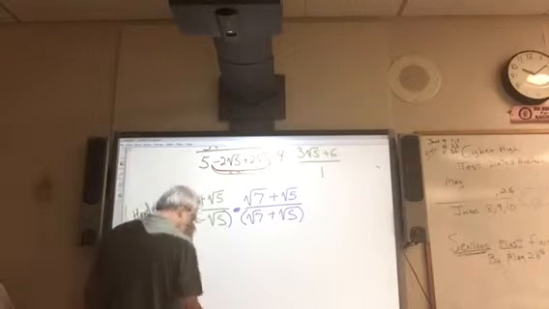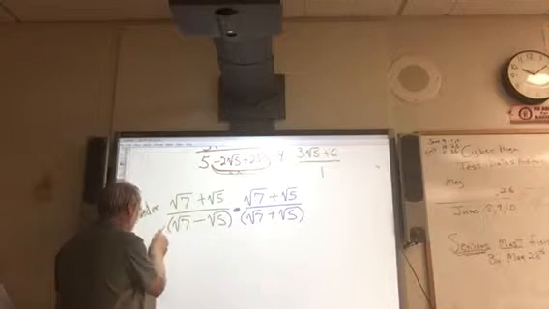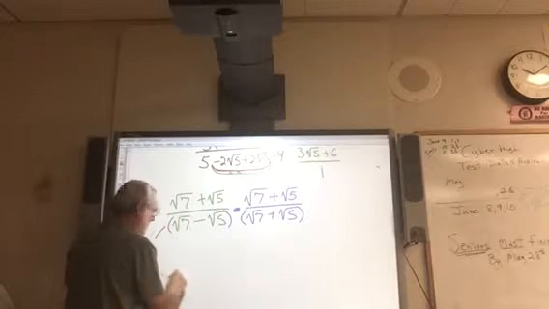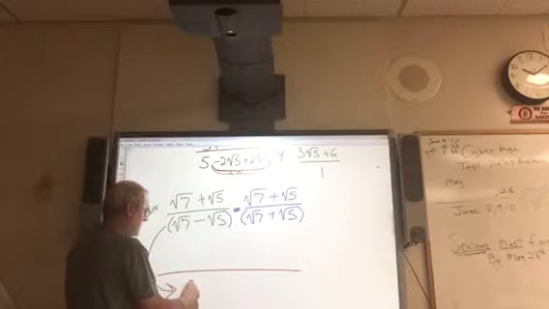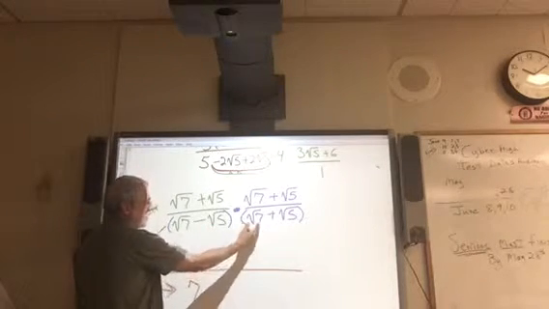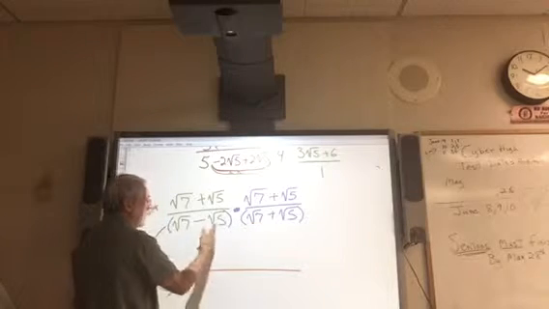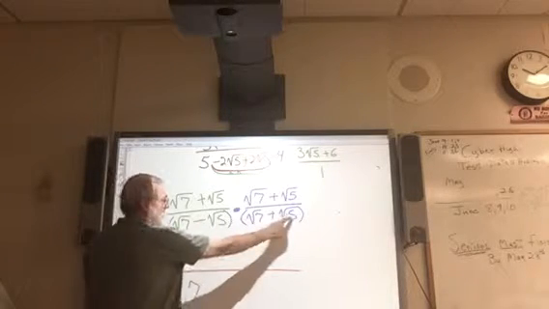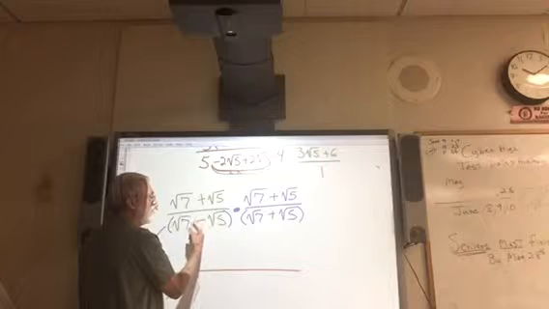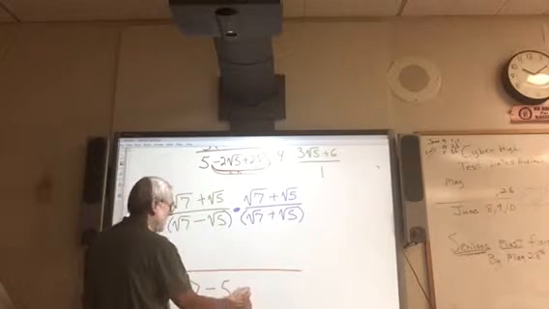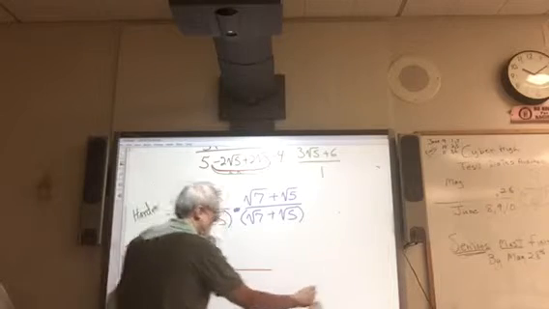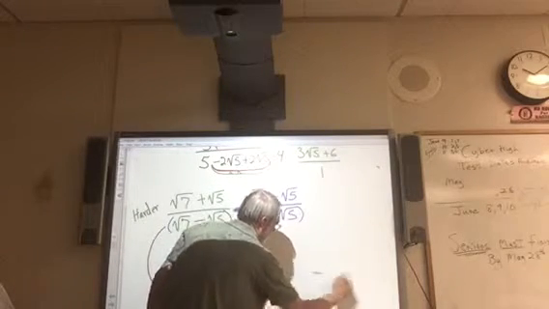So in the denominator, we end up with radical 7 times radical 7 is 7. No middle term because this is minus and this is plus. And then radical 5 times radical 5 is 5, so 7 minus 5 equals 2.